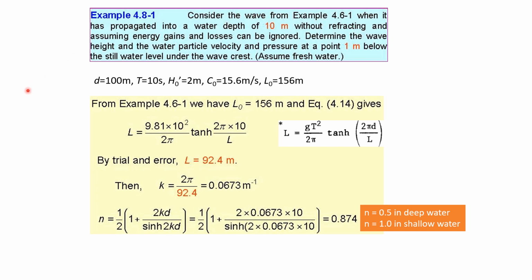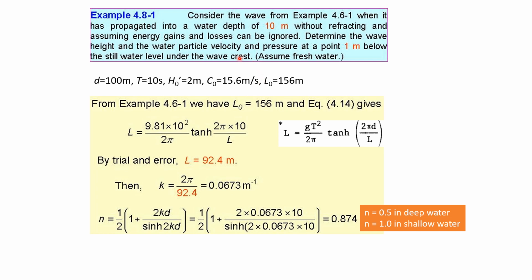So we are given that the wave begins in deep water where the water depth is 100 meters. It has a wave period of 10 seconds. It has a deep water unrefracted wave height of 2 meters. And so we were able to solve previously that its wave celerity is 15.6 meters per second and the wavelength is 156 meters.